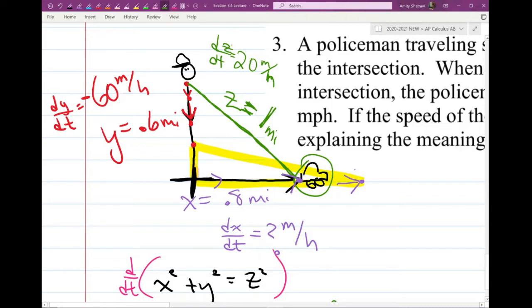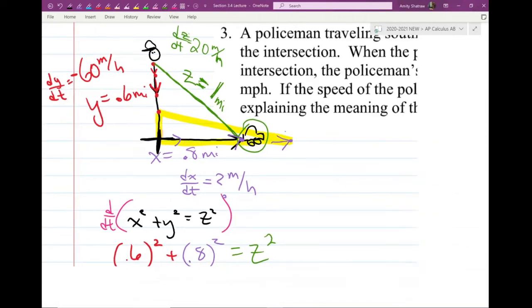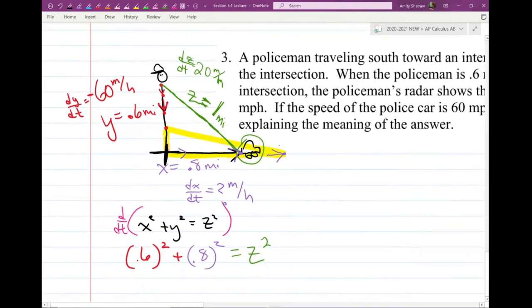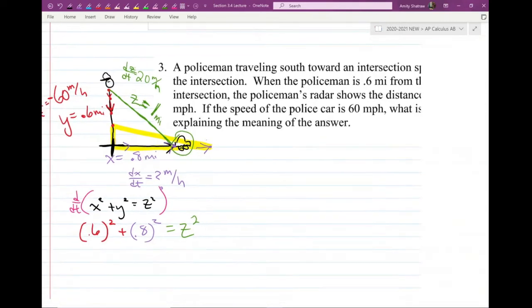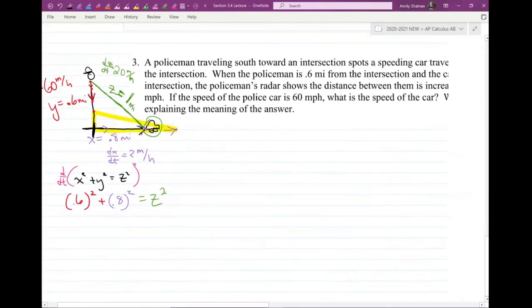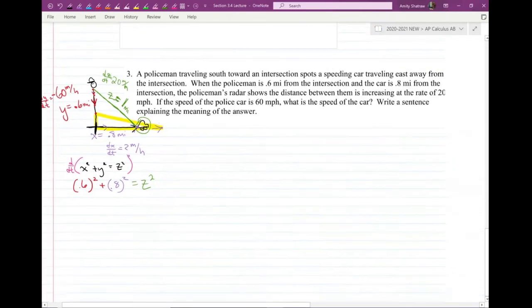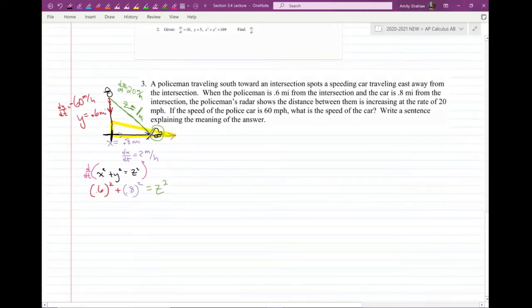So, I may not have drawn my yellow triangle exactly to scale for the amount of time, but it's very likely not getting smaller because dz dt is a positive number. It's getting bigger. Okay, that's something that we know. So now, have I taken care of all of the information that was given to me? Well, let's double check. 6.6 miles, I got that.